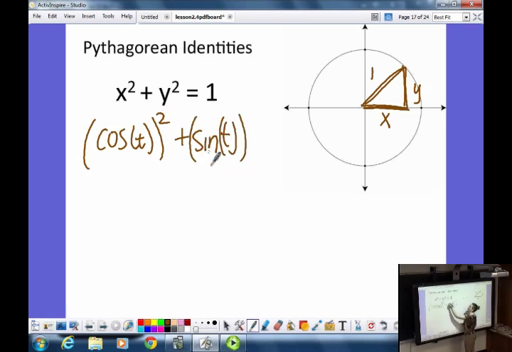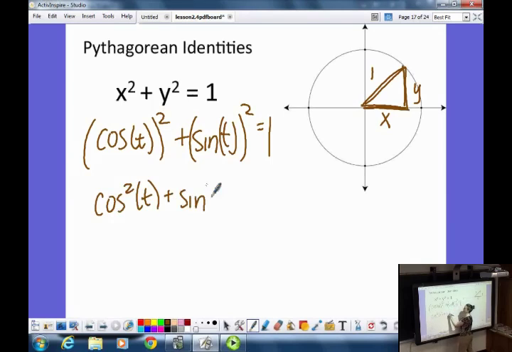And I'm going to square that, equals 1. And then just for notation purposes, we're going to declutter this and take away some parentheses. I'm just going to write cosine squared of t plus sine squared of t equals 1. This little 2 up here does not mean that just the cosine part is squared. It just means the whole quantity is squared.